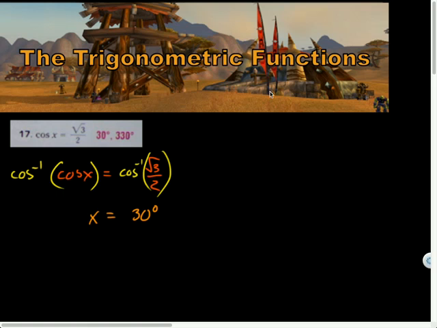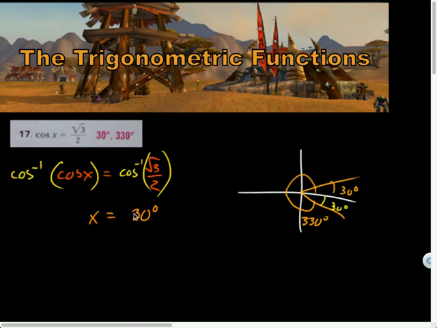Now, they have two answers. Let's actually read the directions here. It says, solve each equation for 0 degrees is less than x is less than 360. So it turns out there is another quadrant where cosine is equal to the positive root 3 over 2. At positive 30 degrees it happens, and also at negative 30 degrees, or 330 degrees, because that still has a reference angle of 30 degrees, and cosine is positive in quadrant 4.